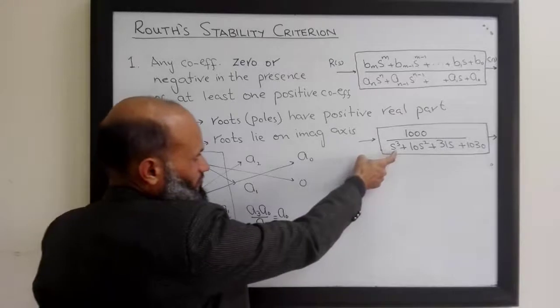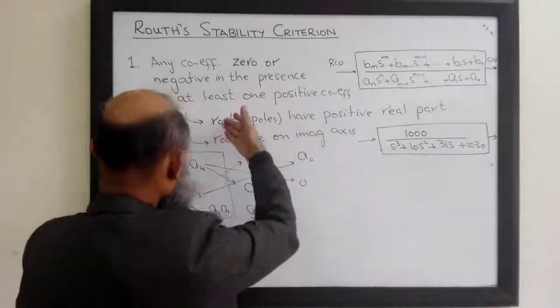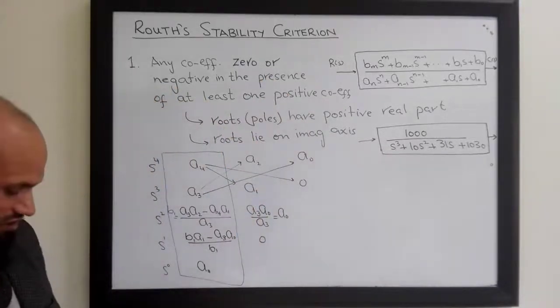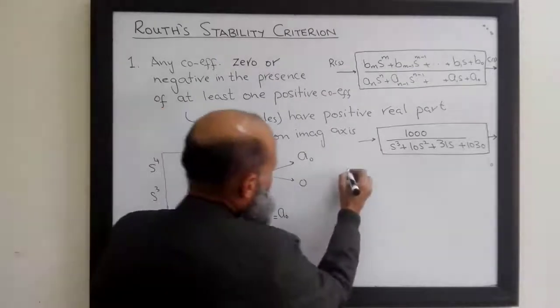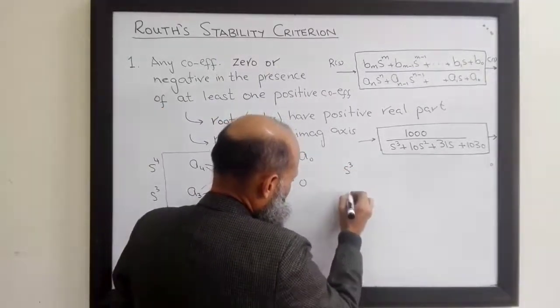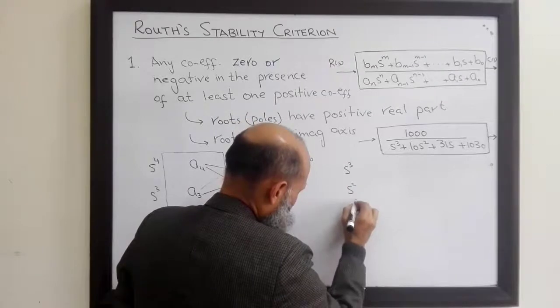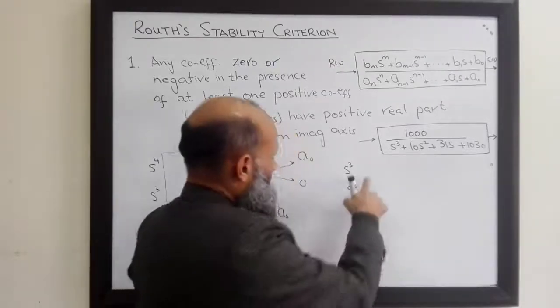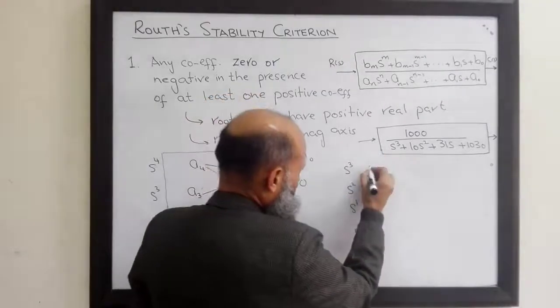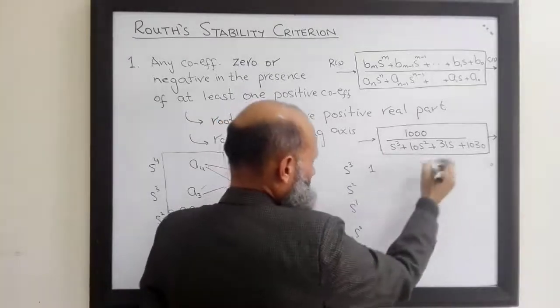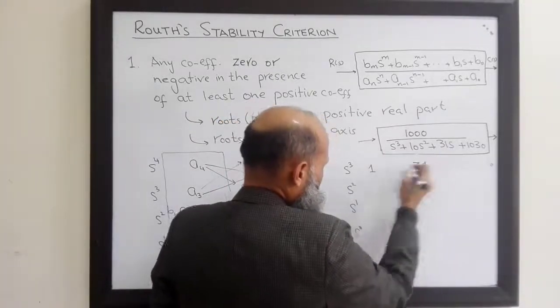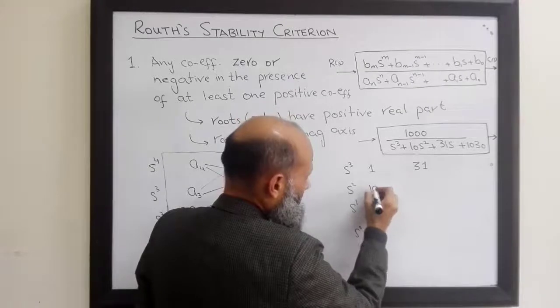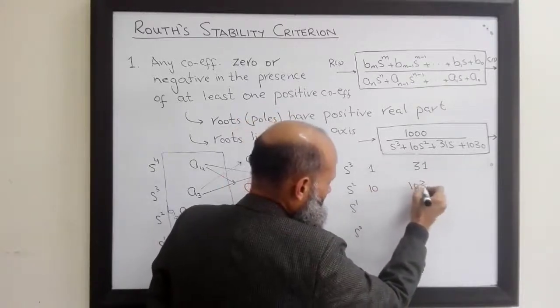There is no negative coefficient, so we have to move for the construction of this table. We start with the highest power of s: s2, s1, s0. Here the entries: first coefficient, and then skip one, write the next one. Here the remaining coefficients, 10 multiplied by 10, 130.